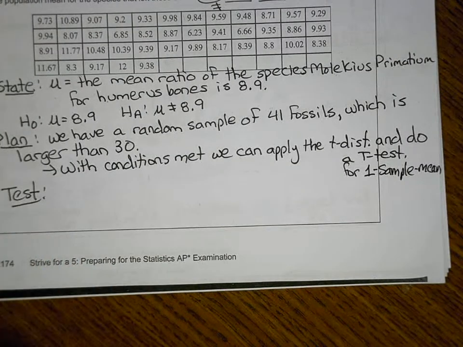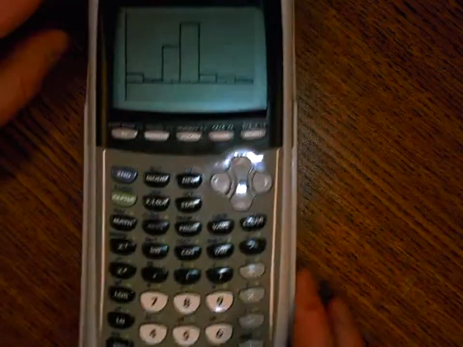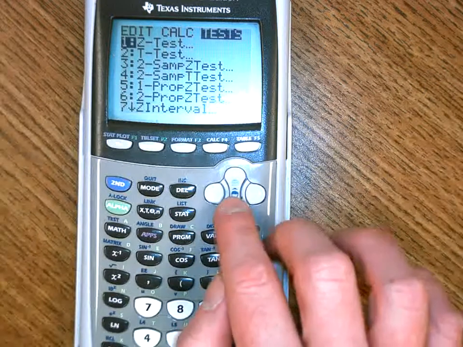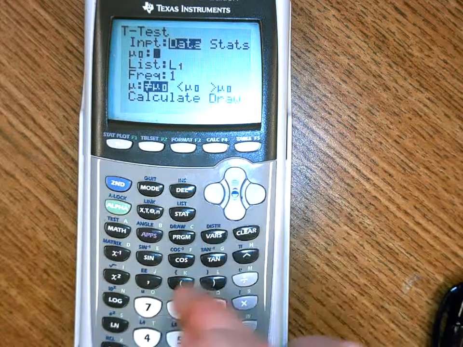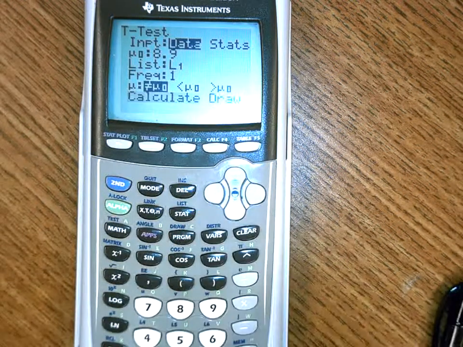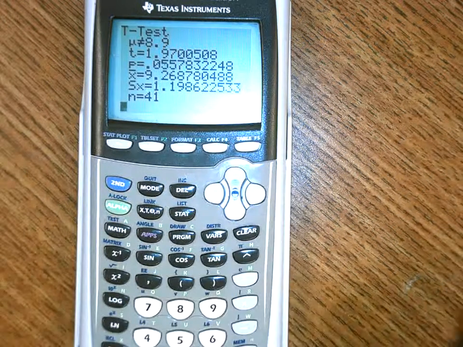Now, I'm glad that I already put the data in because I do need the data for the actual test part. So I'm going to hit Stat, go over to Test, do a t-test. I have data. I put in L1. My mean is supposed to be 8.9, and they said if it differs, so that's not equal to. Calculate, and I get my t-score, my p-value, x-bar, s sub x.